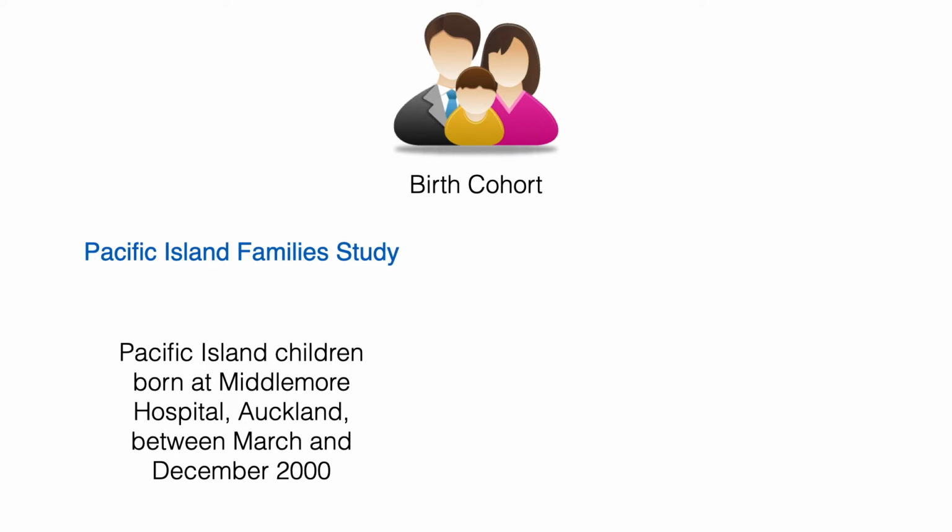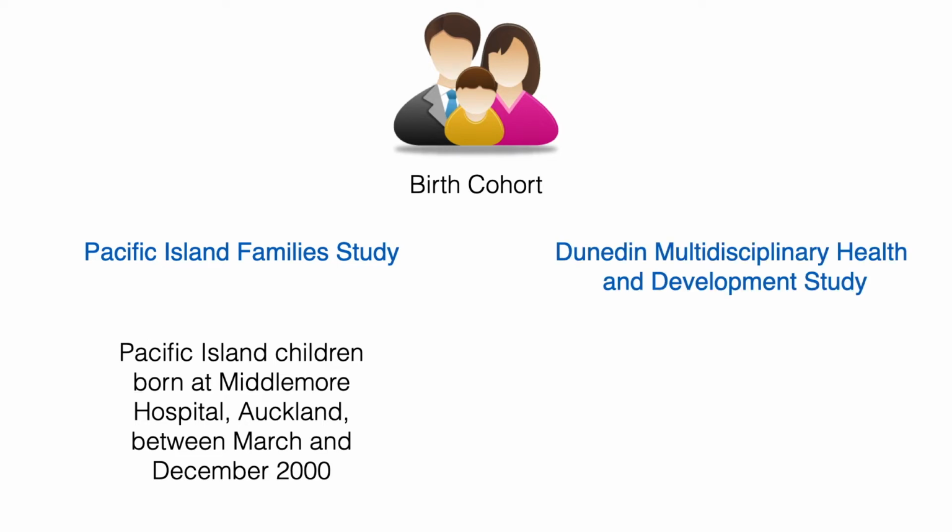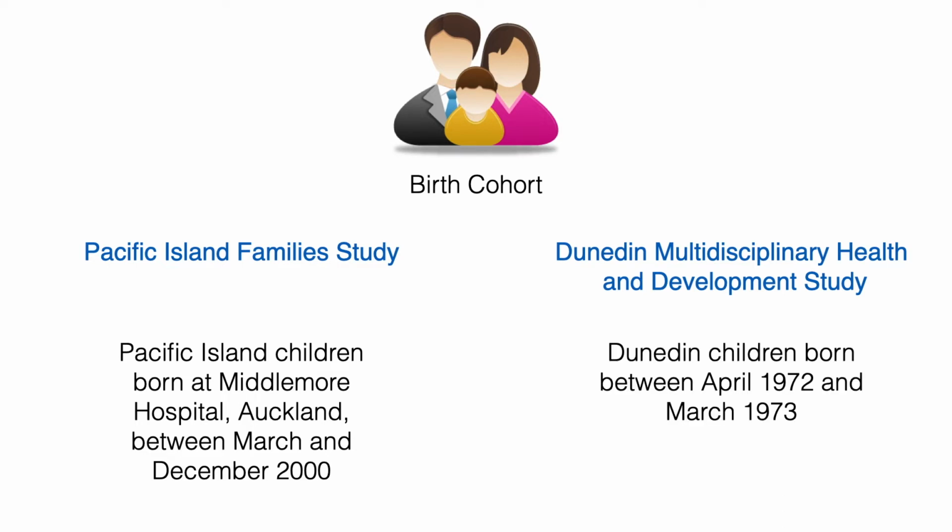Another example of such a birth cohort study is the Dunedin Multidisciplinary Health and Development Study, which is comprised of Dunedin children born between April 1972 and March 1973. So this was even the basis of a documentary, I think, called How Am I?